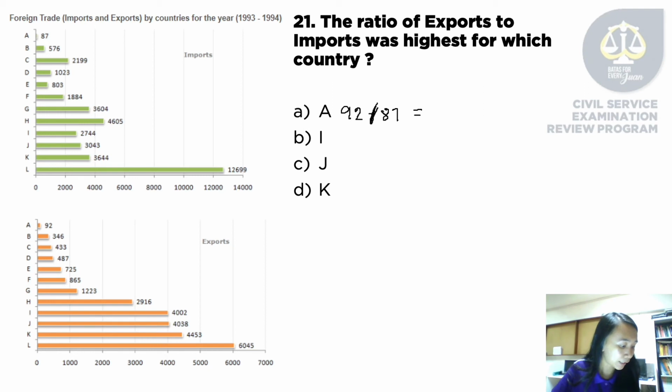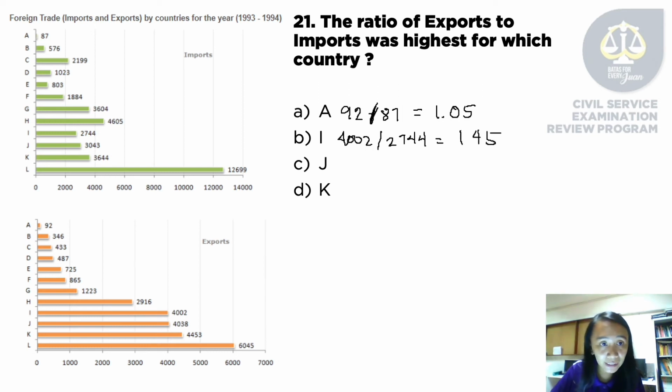Let's compute: 1.05. For country I, that will be 4,002 divided by 2744. That would be 1.45.